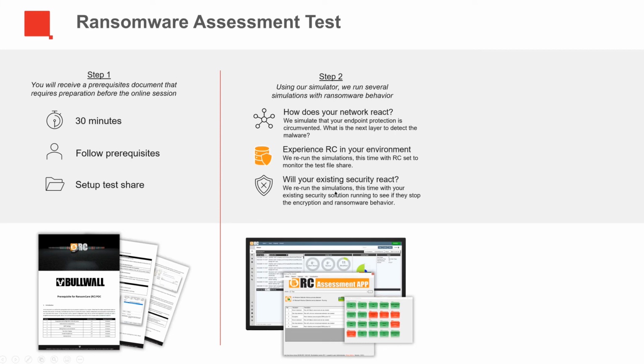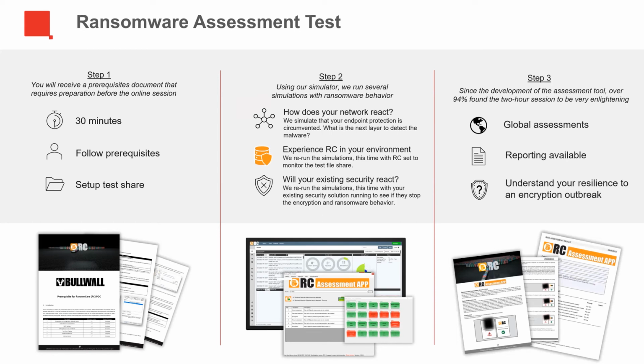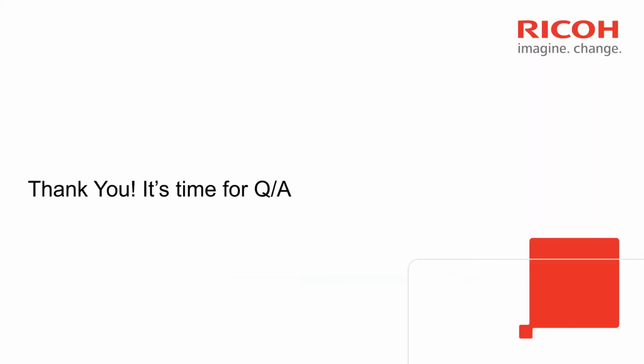And if you want to, we can also run a third set of tests with all of your security enabled, and you will have a very good overview and understand your resilience to an encryption outbreak. I would very much advise spending 2 to 3 hours on that rather than finding out the hard way when all of your data is encrypted. So I'm going to rest our case here, and we can open up for questions.